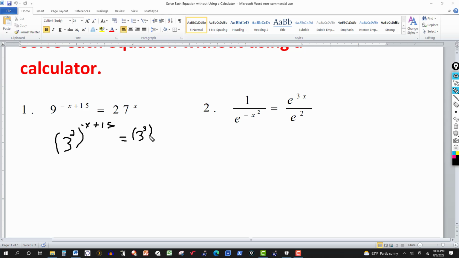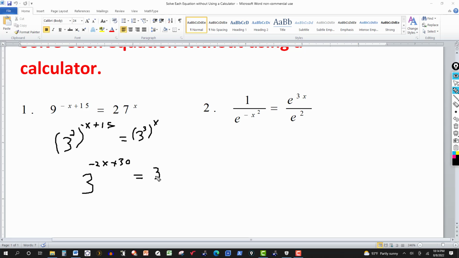Let's write that as 3 to the third, and then take that to the x power. And then using the laws of exponents, power to a power, we multiply the exponents. So I can say on the left 3, then multiply this out, 2 times minus x plus 15. This will become 3 to the minus 2x plus 30.